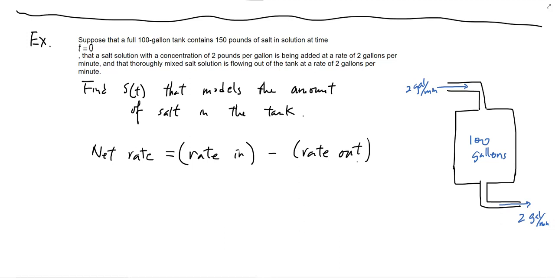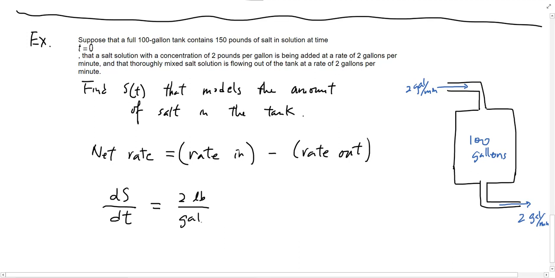So let's try to figure this out. If I let S be a model of the amount of salt in the tank, then the rate at which the salt is changing is defined to be ds over dt. And that equals the amount of salt going into the tank. So how much salt is going into the tank, and at what rate? We have a concentration of 2 pounds per gallon.